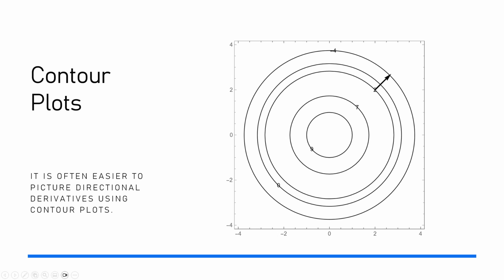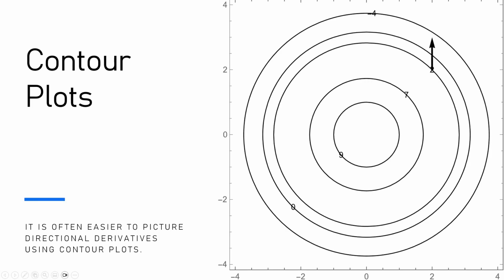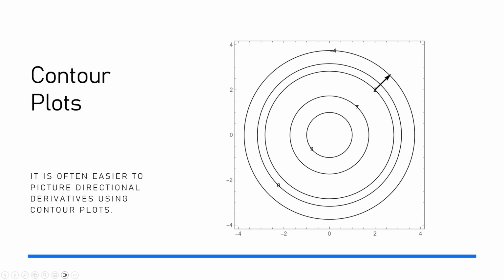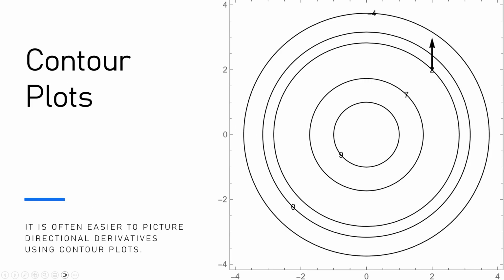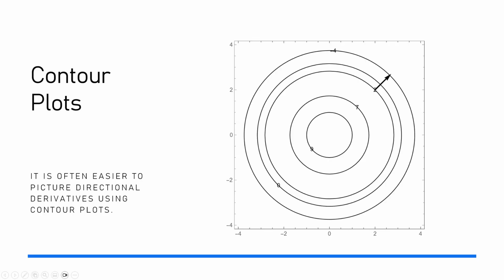This is the same length as the first one, but the first vector doesn't quite reach the -4, and this vector of the same length gets past the -4. So if I walk an equal distance in this direction, I'll go down much further in elevation than if I walked an equal distance in the other direction. We'll see in lecture that if you walk perpendicular to a level curve, that's going to be your fastest ascent or your fastest descent. So that's an important point as well.